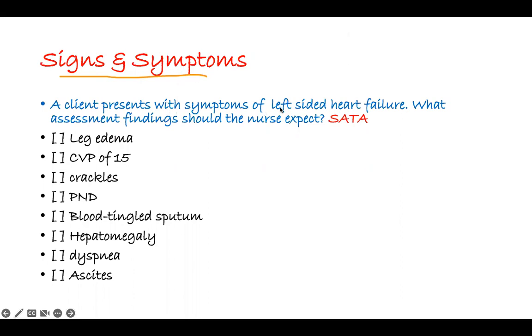So a client presents with symptoms of left-sided heart failure. What assessment findings should the nurse suspect? So I break down the question into key form. So he has left heart failure. What would I see? Then you tell yourself, well, what is the pathophysiology of left-sided heart failure?